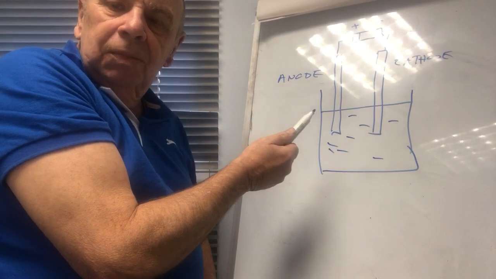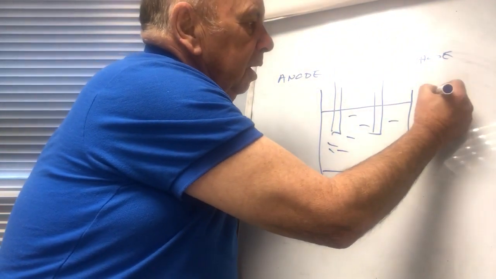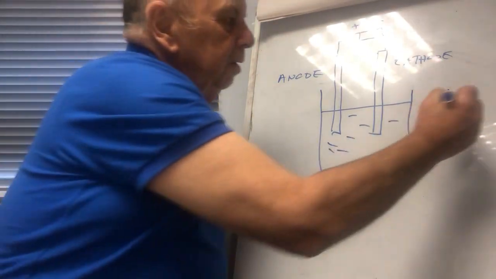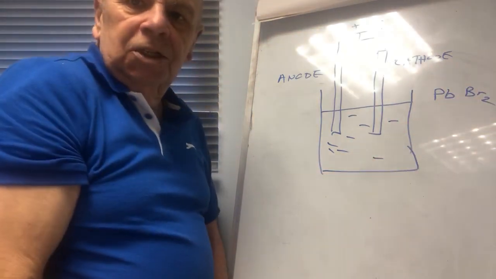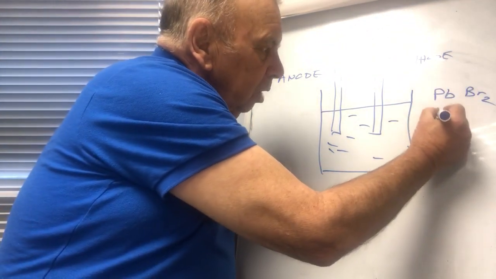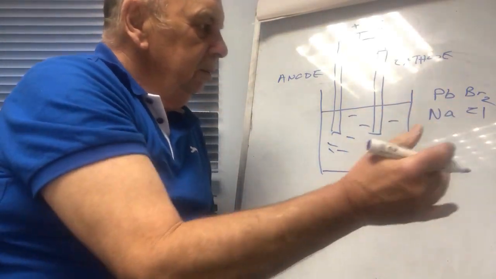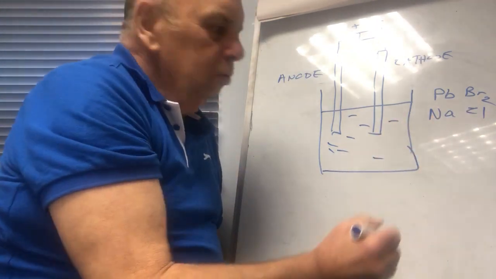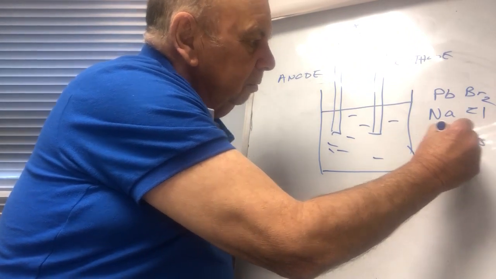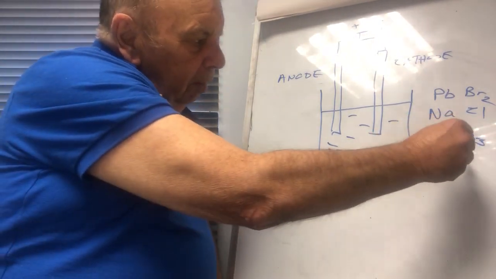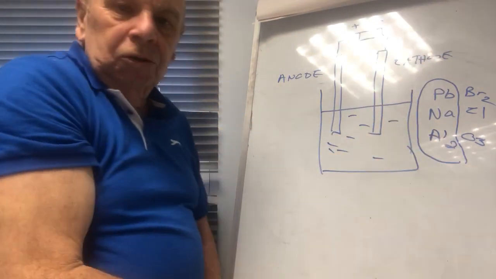Let's look at some molten electrolytes, such as, let's take lead bromide, PbBr2. Let's take common salt, NaCl, sodium chloride, and let's take one more, aluminium oxide, and they are ionized, i.e. in a molten state.